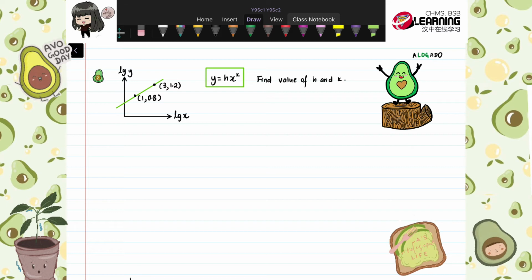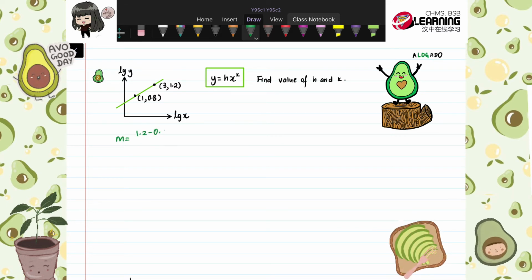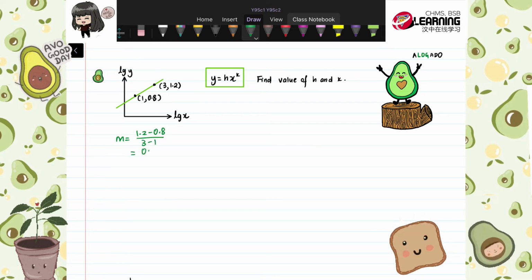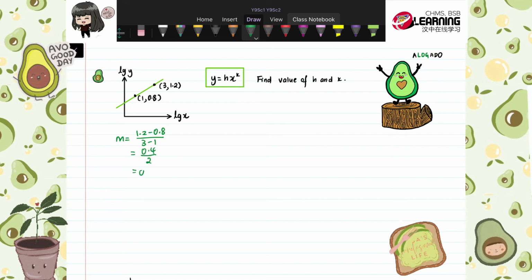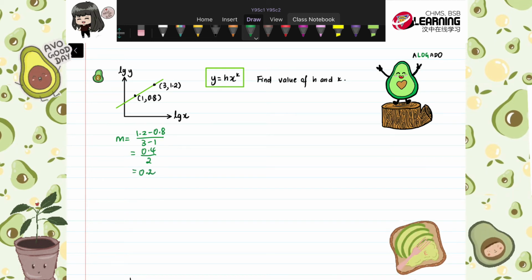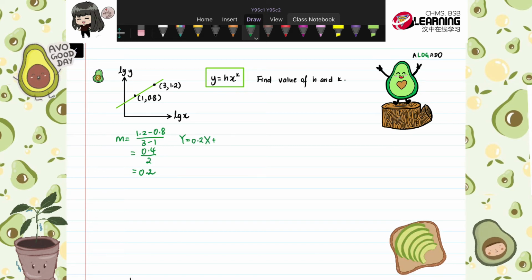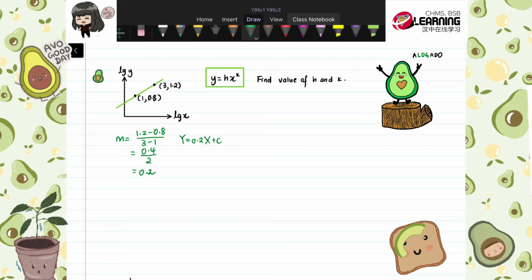So I find my gradient first. m equals 1.2 minus 0.8 divided by 3 minus 1, so it's 0.4 divided by 2, 0.2. Then big y equals 0.2x plus c. I sub in 1, 0.8.